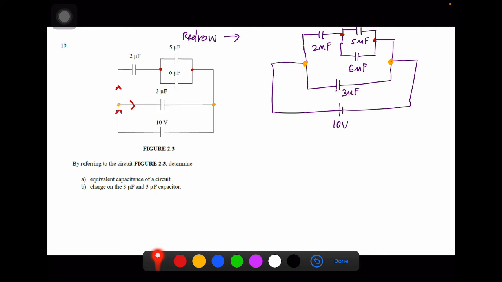If you draw it like this, to check pun senang je. If you want to find C effective, you can solve 5 and 6 first, just add, and then solve that with the 2. Because this one is series, you do 1 over 1 over. Once I got that, I just add down here because these two are parallel. So that's the idea.